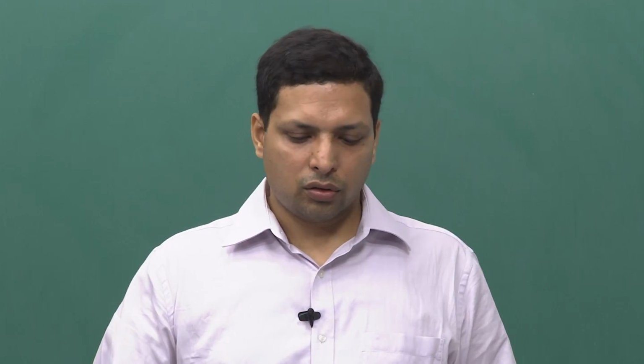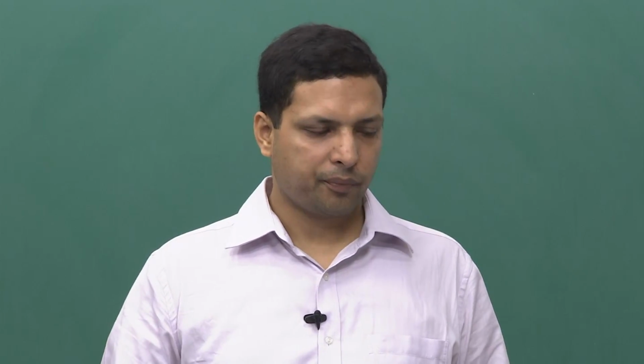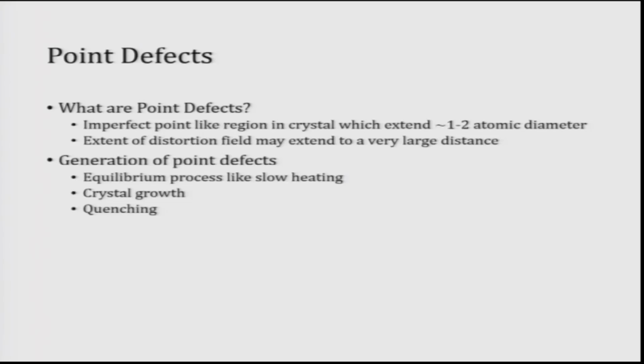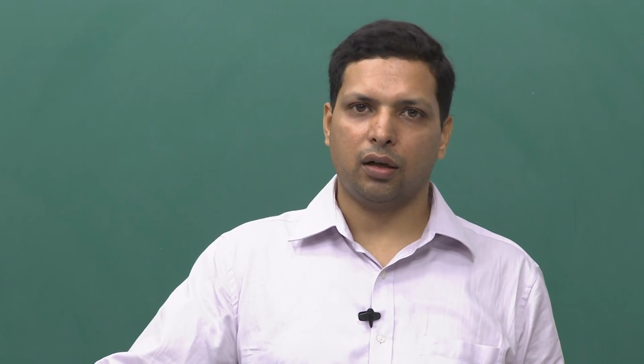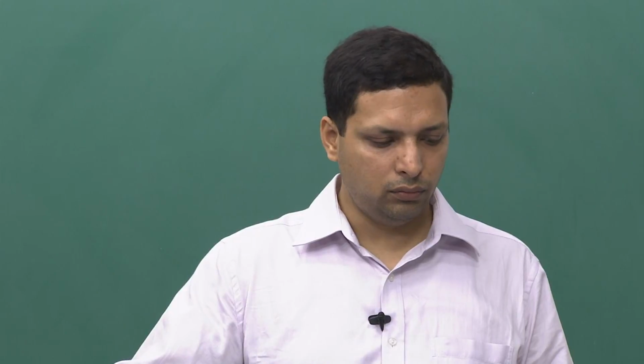These defects can also be generated because of irradiation with electrons, ions, or neutrons. For example, atomic reactors produce a very large number of point defects. In fact, irradiation with neutrons leads to an increase in volume. So that is one place where you can actually see a change in density because of the presence of point defects.